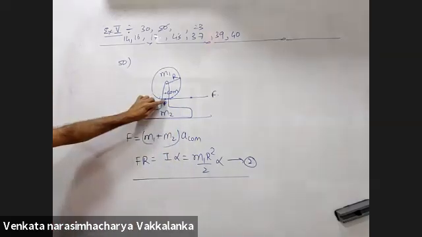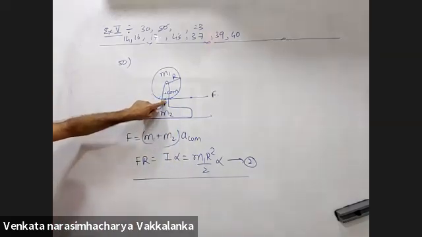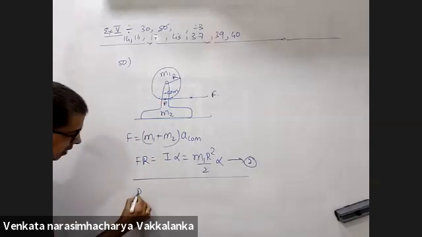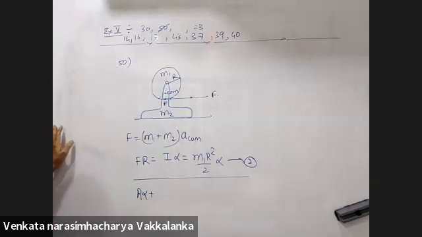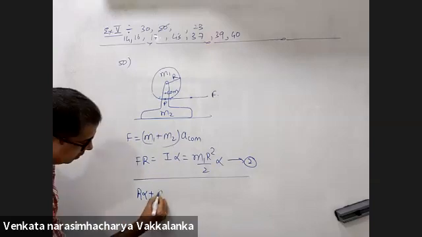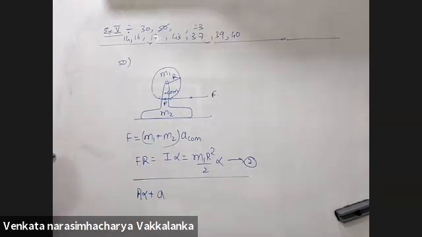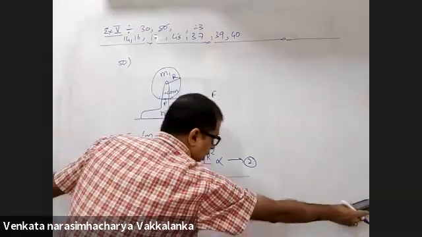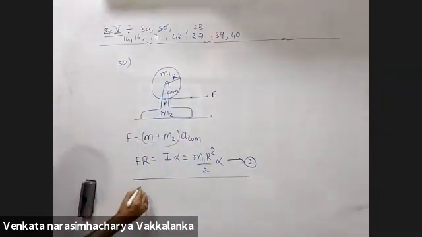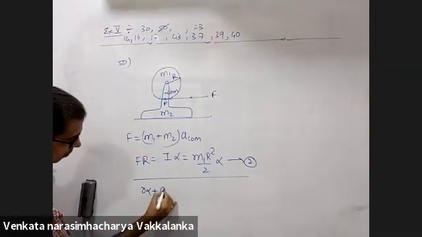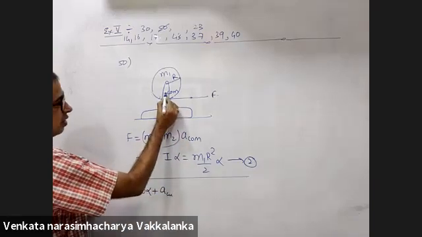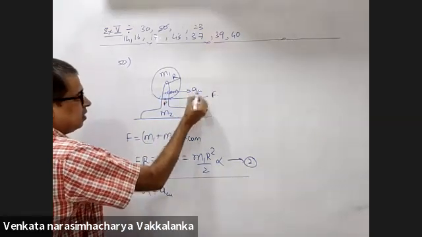Acceleration of the point P will be R alpha plus AC. I will know the acceleration of the center of mass.